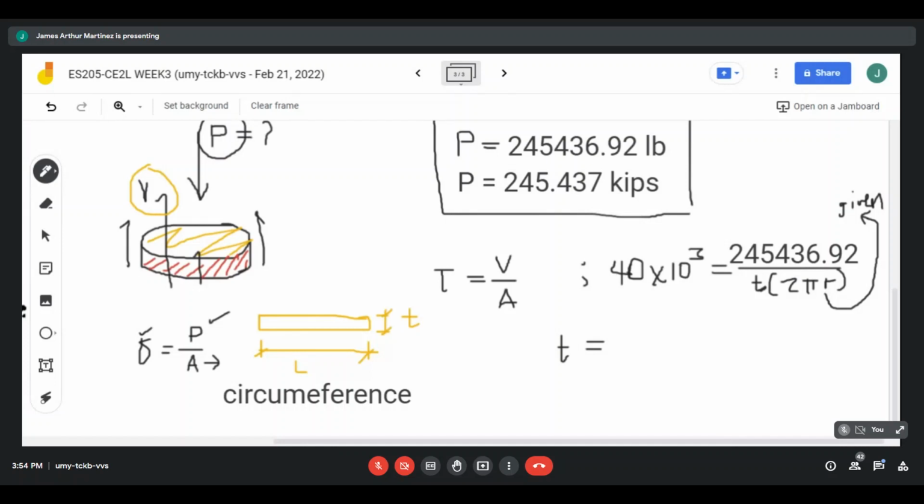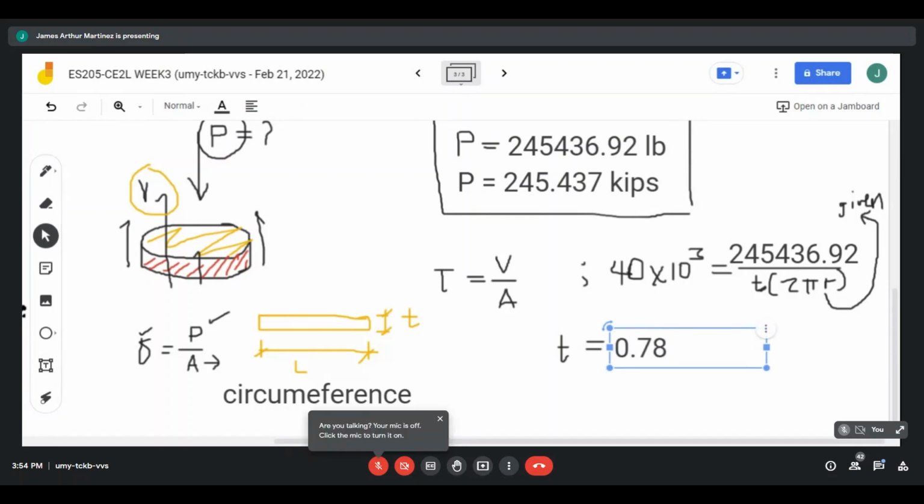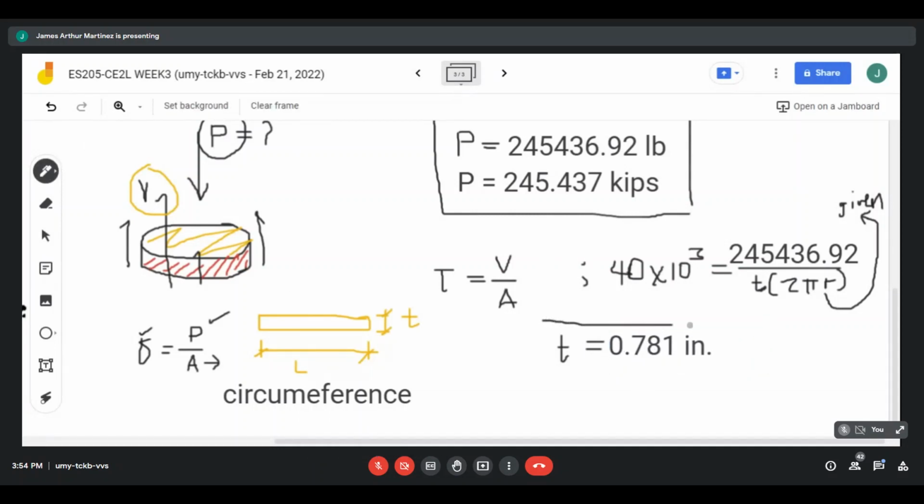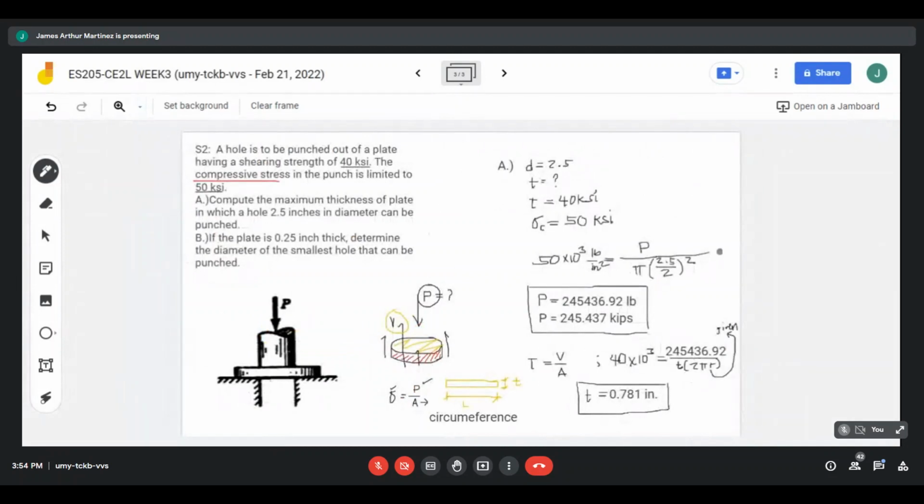Let's practice three decimal places, class. So 0.781 inches. This is our answer for letter A.